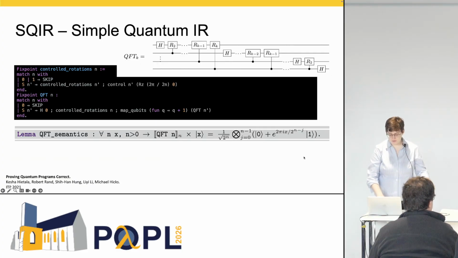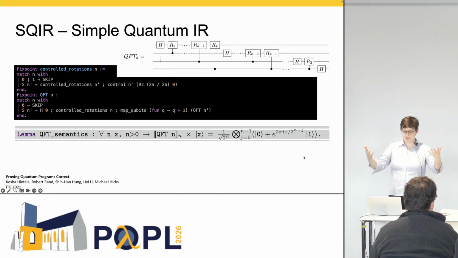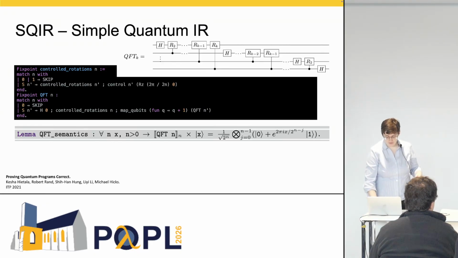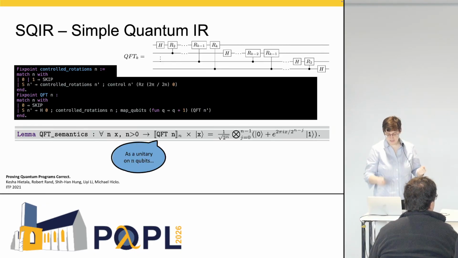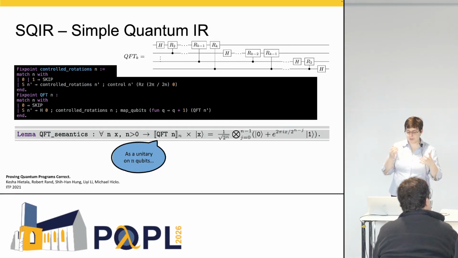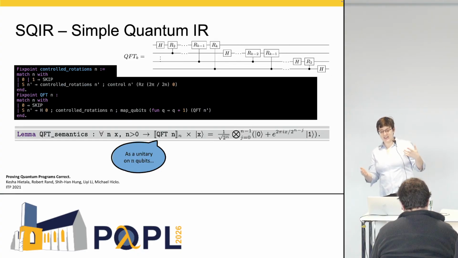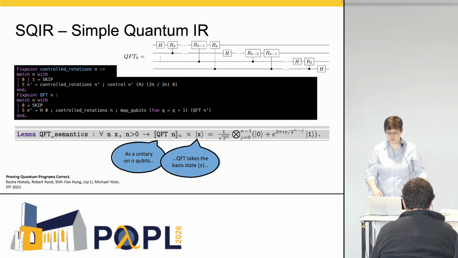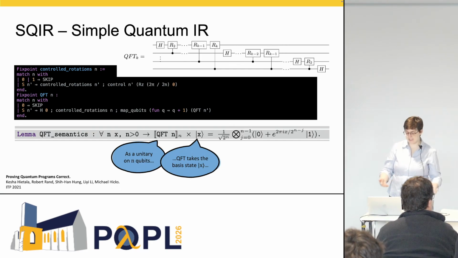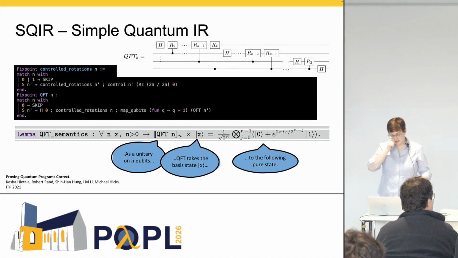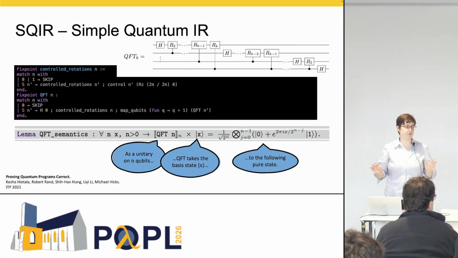And so the result that we could get out is a lemma that says, okay, for any number of qubits, if you interpret this circuit as a unitary and you apply it to an arbitrary basis state x, what you get out is the following pure state, which is the usual presentation for the specification of the quantum Fourier transform.